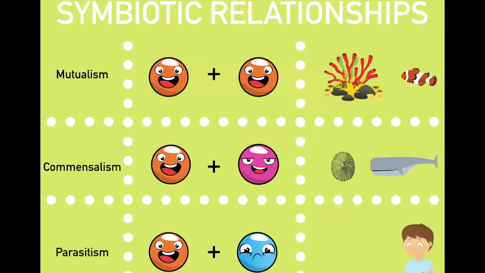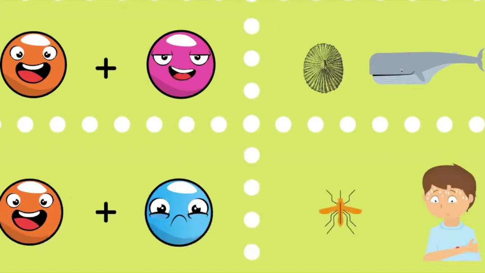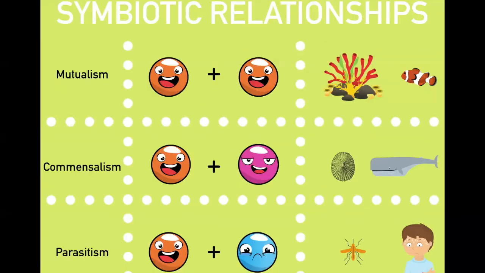In parasitism, we have humans, as an example, and mosquitoes. Now, take a minute to look at the human picture. He doesn't look really happy, does he? He has a bump on his hand. He looks a little bit sweaty. In this relationship, the human is not happy.